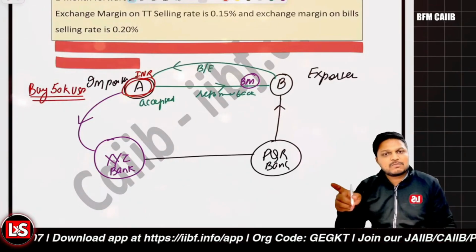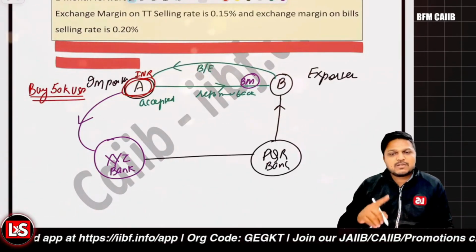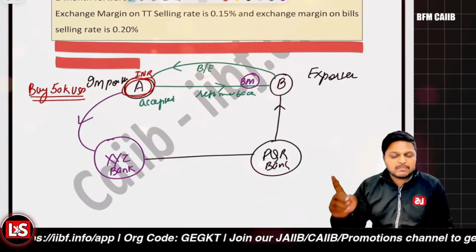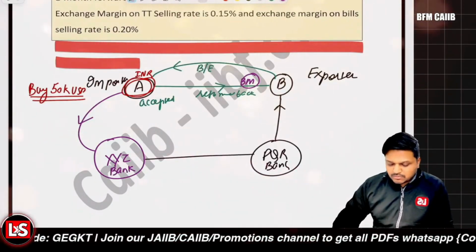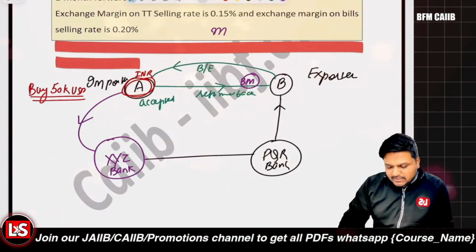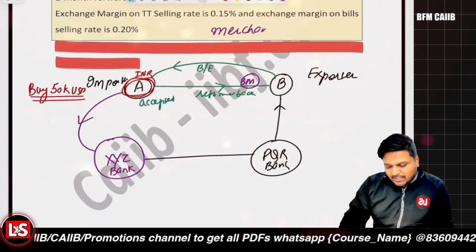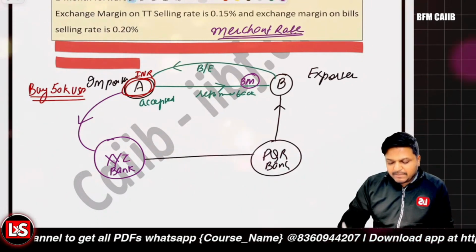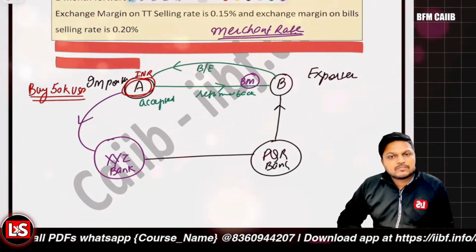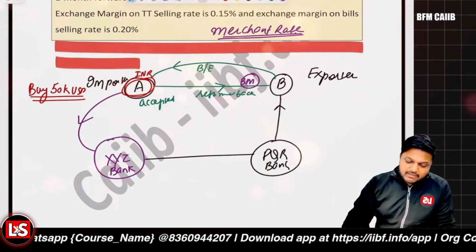Whenever the customer wants to buy, the merchant rate would be applicable, that we know. So in this scenario also, what rate would be applicable? It is a merchant rate. What quote will be given?